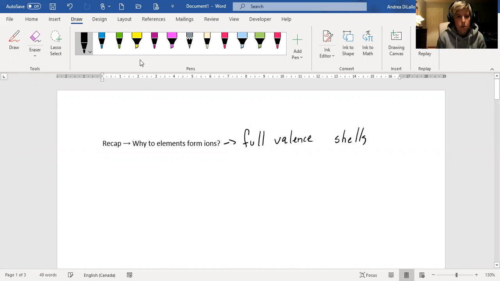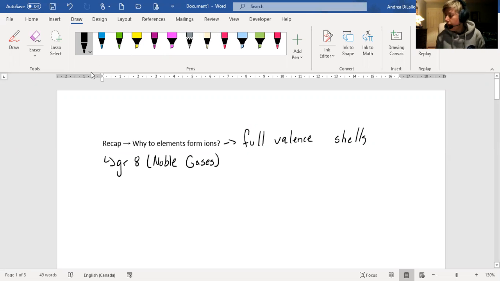The thing that we need to remember is that group 8, which are our noble gases, are always found as an element, and they're never found as compounds because they have a full valence shell. What they have is 8 electrons on their outermost shell.